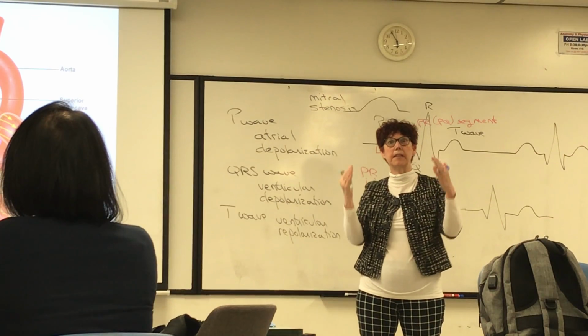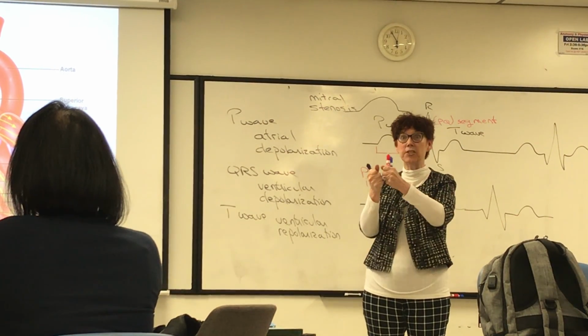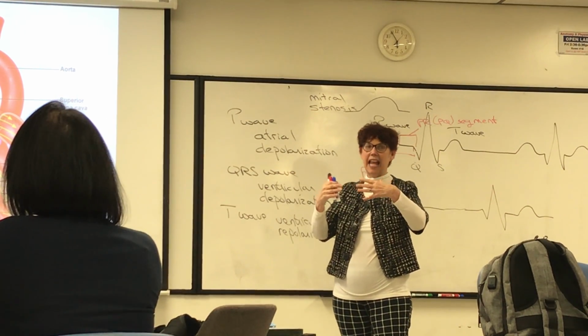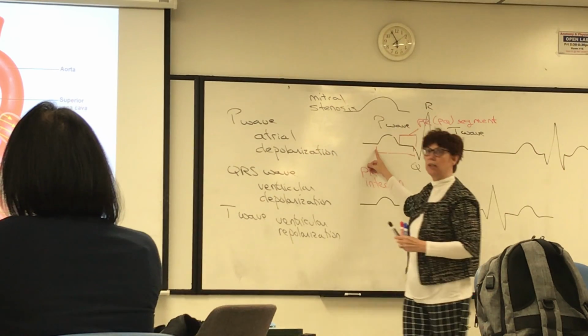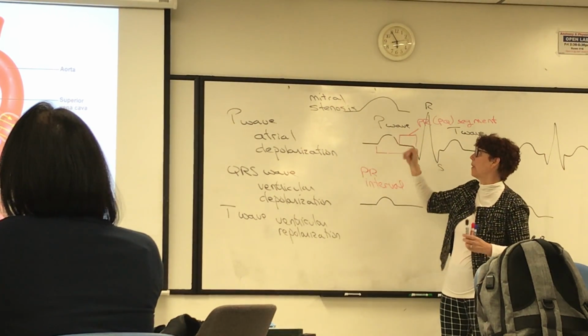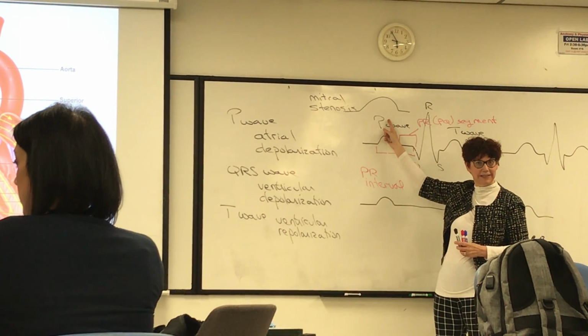So what's gonna happen to the size of the left atria if we're pushing blood back into it instead of out the aorta? It's gonna get bigger. And if it gets bigger, it's gonna take longer for the current to travel through it. And so when that happens, we see a larger P wave.